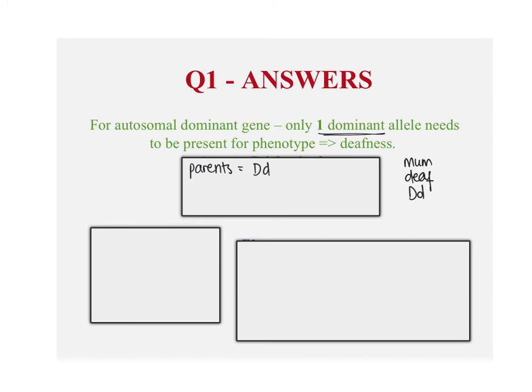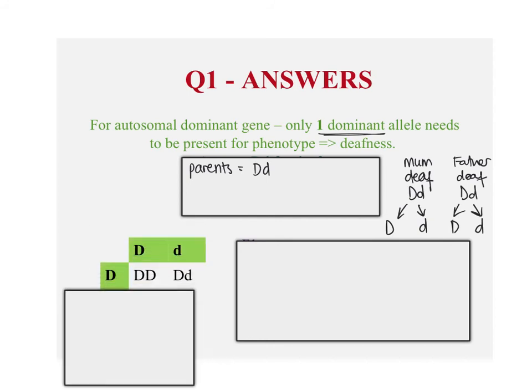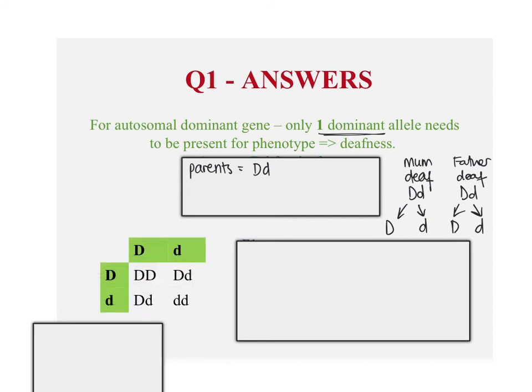She's going to have the genotype big D, little d, and therefore the gametes are going to be as so. And likewise, the father is deaf, big D, little d, and those are the gametes again. Now if I put those gametes into a Punnett square, it looks a little bit like that.